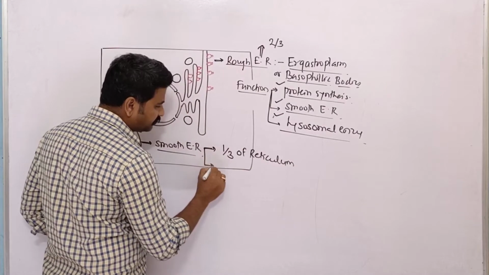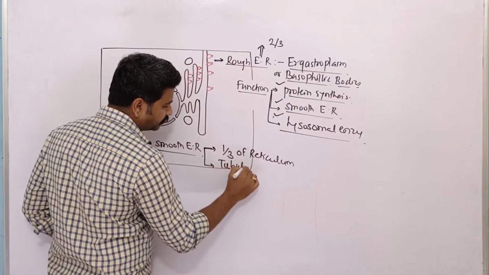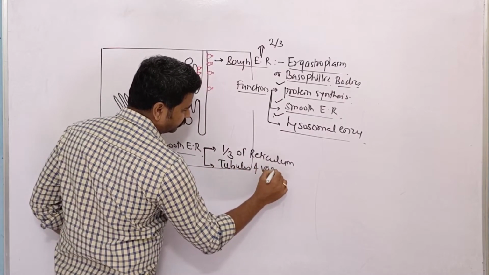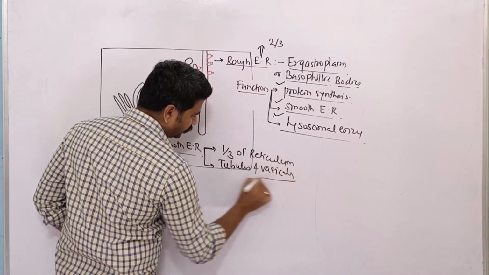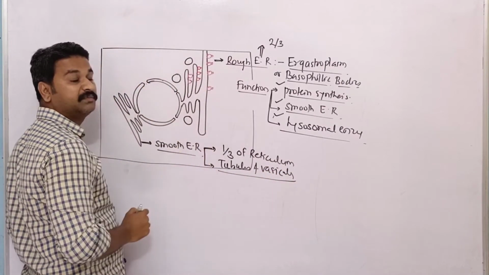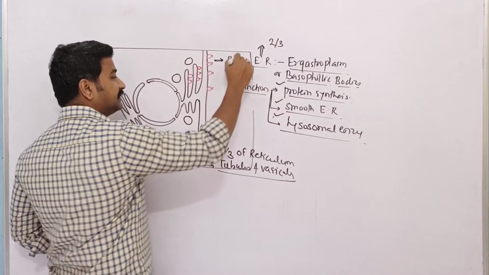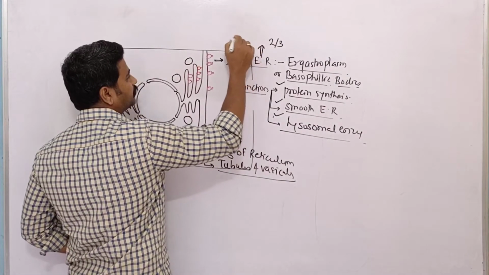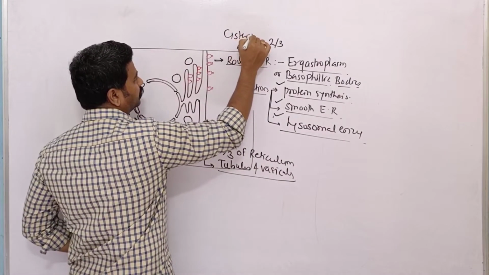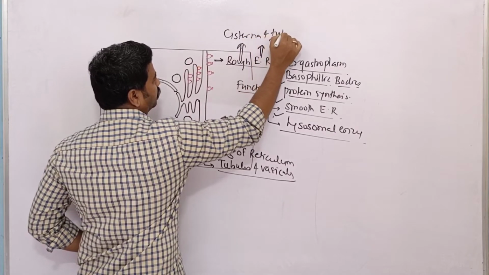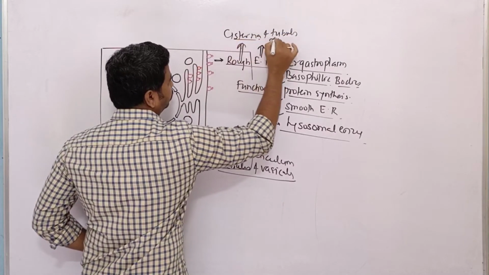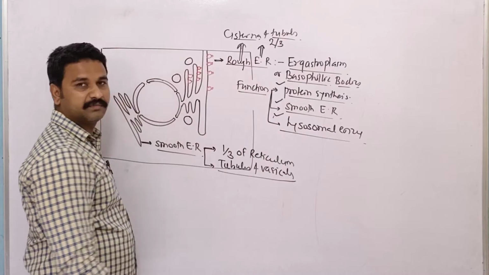and it mainly consists of tubules and vesicles. While on the other hand, rough endoplasmic reticulum consists of cisterna and tubules. So these are the main differences between rough and smooth endoplasmic reticulum.